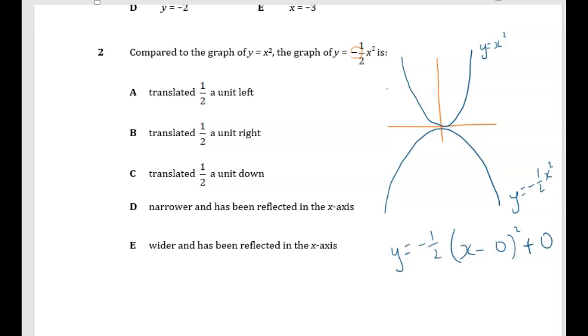You can see it hasn't moved. Its turning point is the same. It's just been flipped. Think of this parabola looking at its reflection in a lovely lake, and there it is. It's been reflected along the x-axis. So it's become wider and reflected in the x-axis. The answer for that one is E.